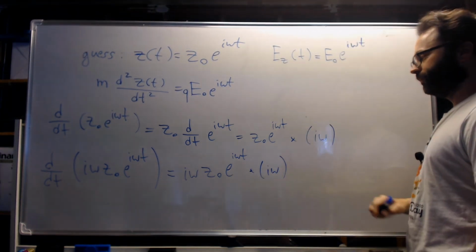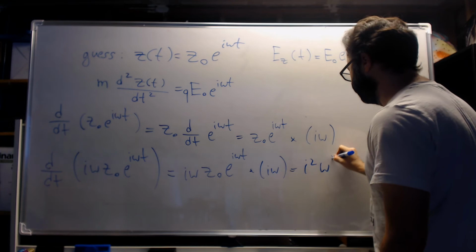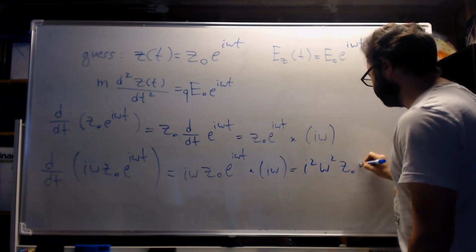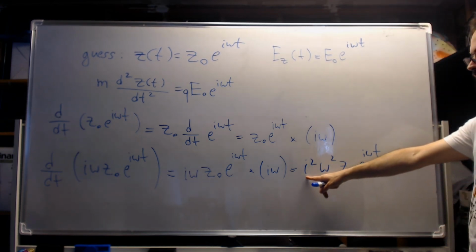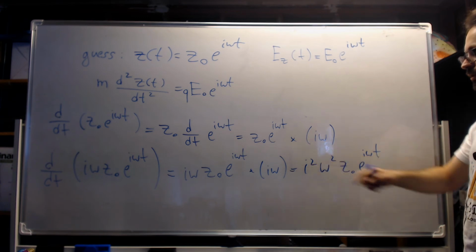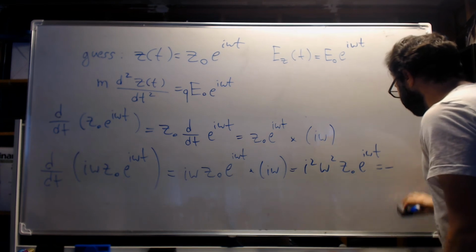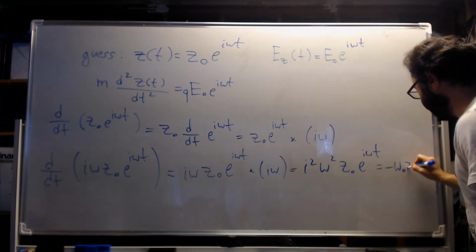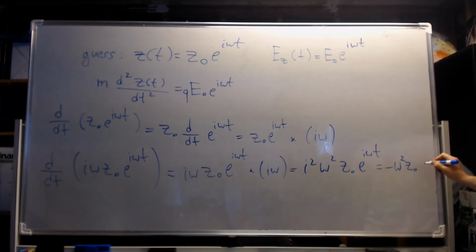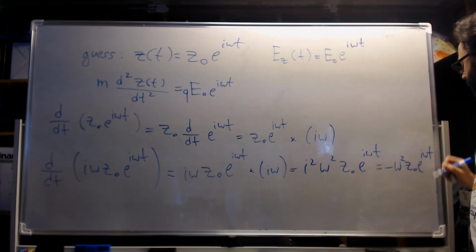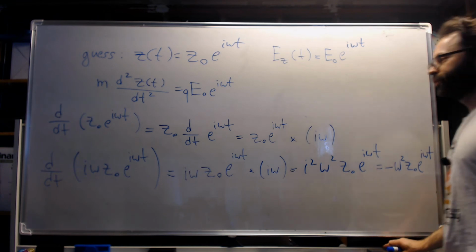Now let's put it all together: i squared omega squared z naught e to the i omega t. Since i is the square root of minus 1, i squared is minus 1. So this is minus omega squared z naught e to the i omega t. And now we are effectively done, or almost done. Let's put it all together.